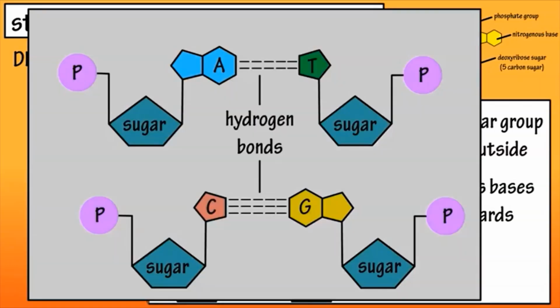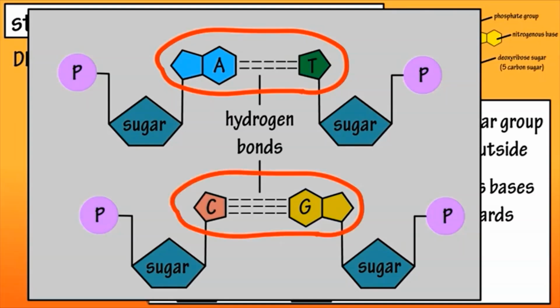Each of the bases on one chain is joined to the base of the other chain through either 2 or 3 hydrogen bonds. Thymine and adenine are joined by 2 hydrogen bonds, and cytosine and guanine are joined by 3 hydrogen bonds. Thymine and adenine are always a base pair, and cytosine and guanine are always a base pair.